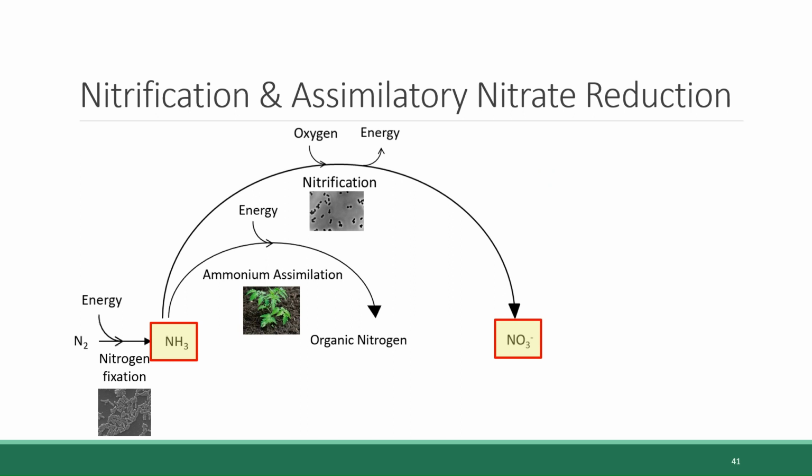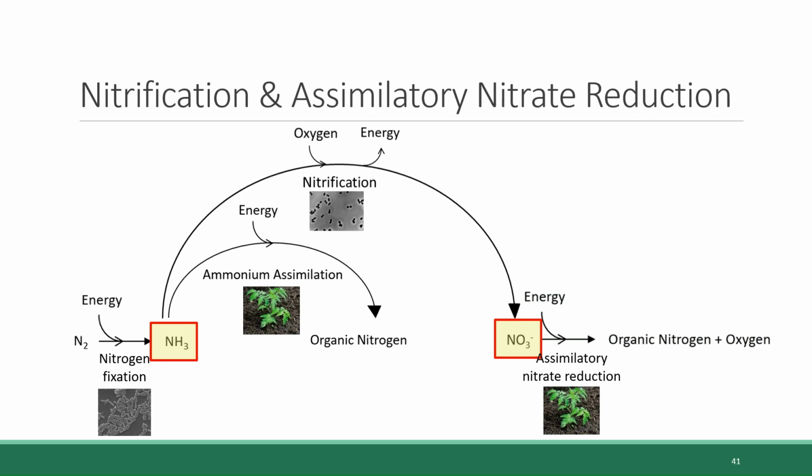And they will use it as a source of nitrogen to build important organic molecules like DNA and proteins. This process is called assimilatory nitrate reduction because the nitrogen gets assimilated at the same time that it is being reduced. Or, in other words, electrons get added to the molecule and it gets built into something bigger.